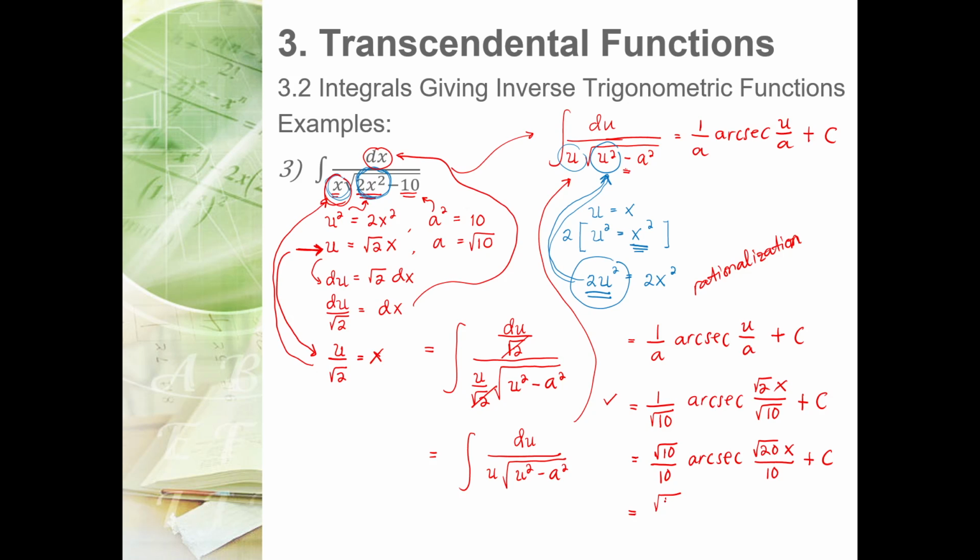Simplifying even further, we have square root of 10 over 10 arc secant. Since we don't have any more space, let me make this in a shortcut manner: square root of 5 all over 5 x plus c.